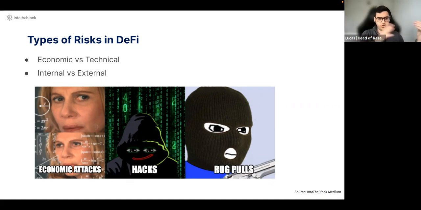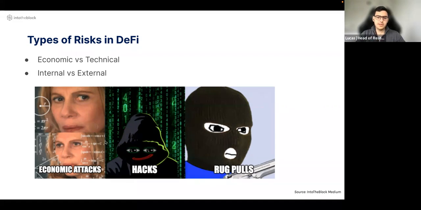And then it can be internal risk, regarding those that deploy the code and whether they have any access to withdraw capital, which can be stolen by someone or even used to deliberately steal money, or external, which in most cases is an external party, a hacker or an economic attacker looking to withdraw funds in a certain way.